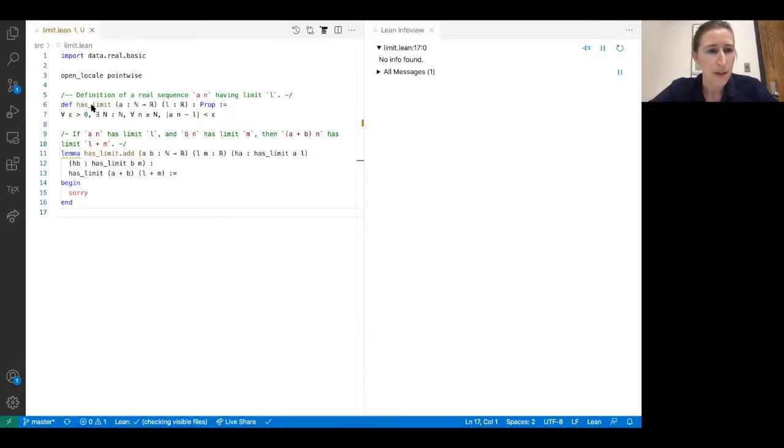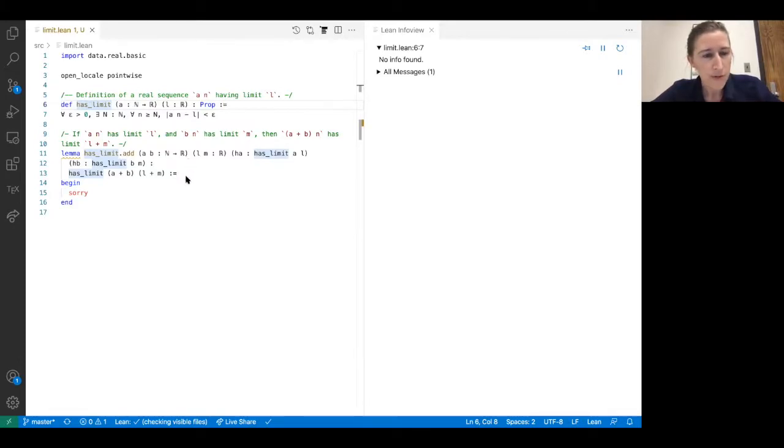So you can make definitions in this language, and I've defined a limit of a function from the natural numbers to the real numbers, which is therefore a sequence, and a real number L to be the predicate that for all epsilon greater than 0, there exists a natural number capital N, such that for all little n greater than or equal to capital N, the absolute value of the nth term of the sequence minus the limit L is less than epsilon. So this is our standard definition of limit.